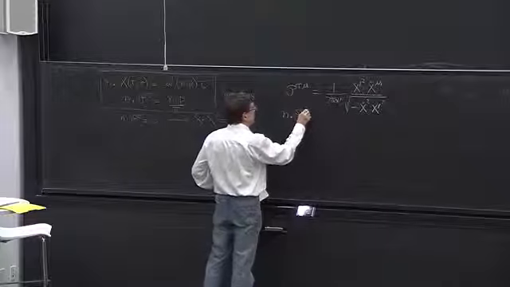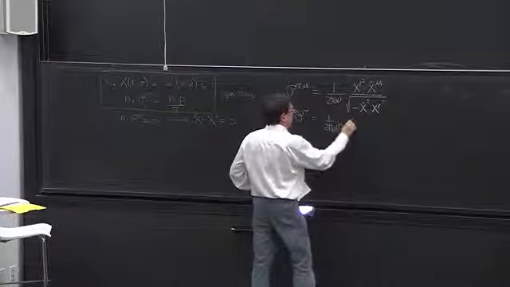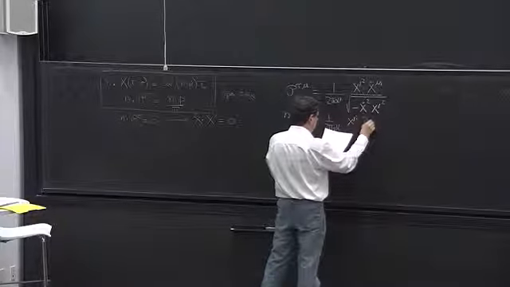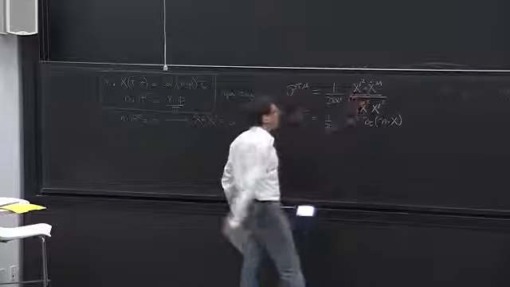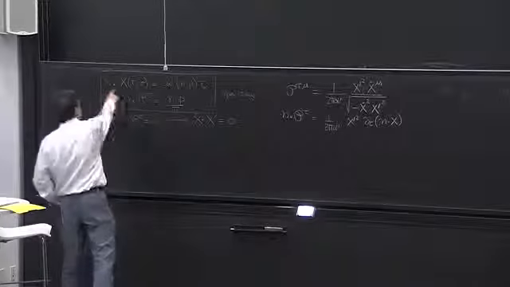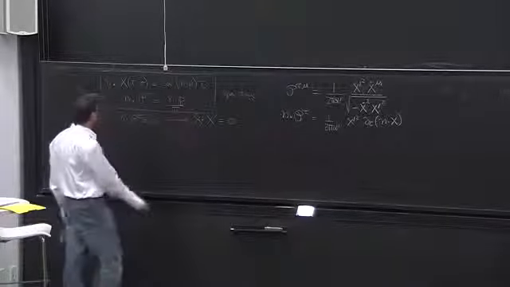N dot p tau would be 1 over 2 pi alpha prime, x prime squared, and d/d tau of n dot x. But n dot x is simple here, so we know what that d/d tau is. We can substitute it.